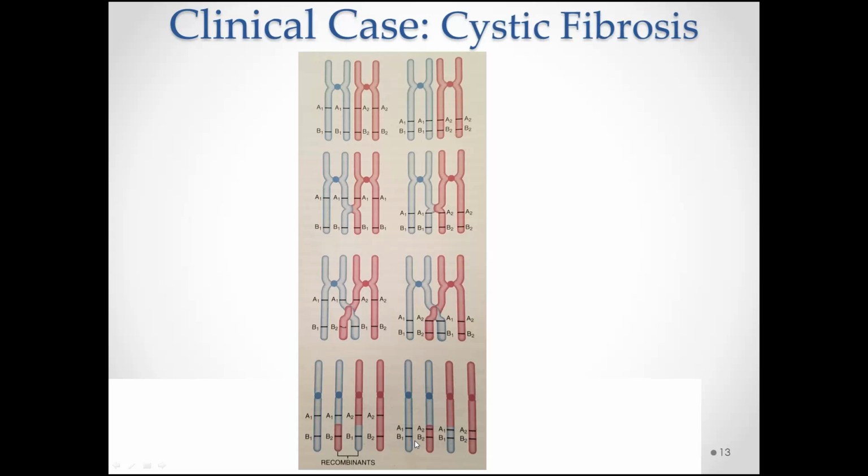So crossing over is more likely between spots that are far apart. And here, where we see A1 and B1 sticking together, we can say that those loci are linked, or another way of saying it is that they're in linkage disequilibrium.